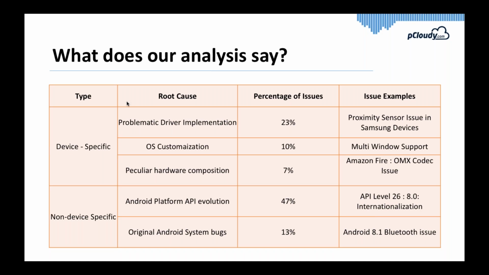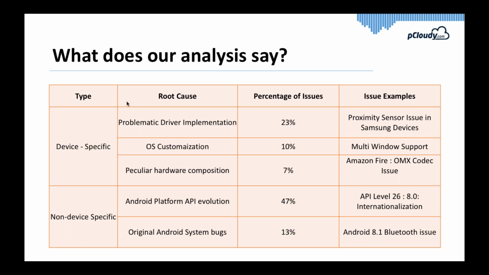So this is where testing on a variety of devices is important, but this only covers almost 40% of the compatibility issues. The large part, almost 60%, falls in the category of non-device-specific issues, which are because of changes in the Android platform APIs or bugs in the core Android system itself. 47% of the issues are because of a change in the API level.